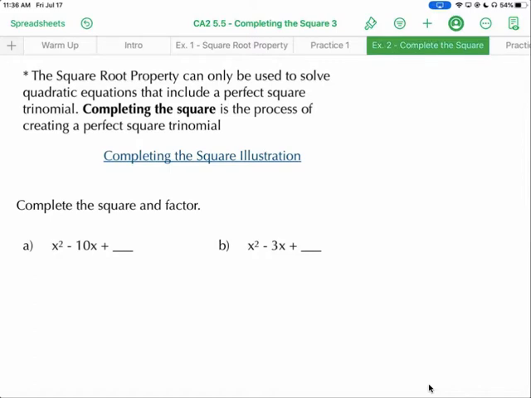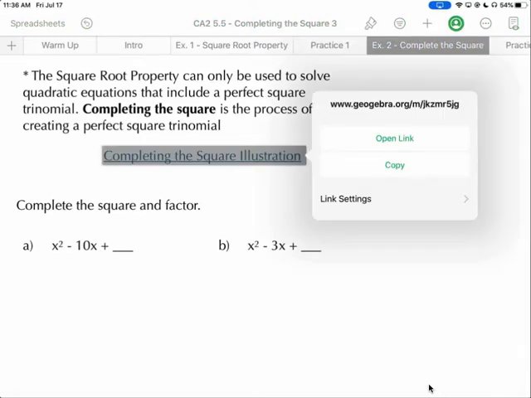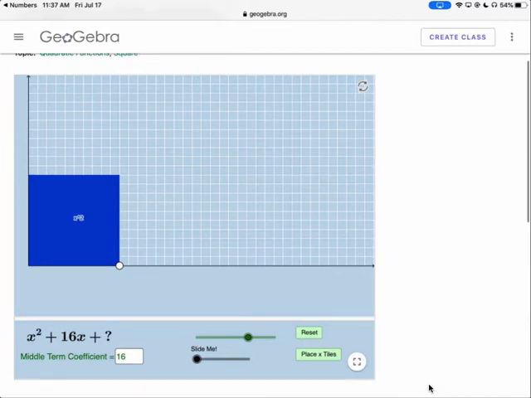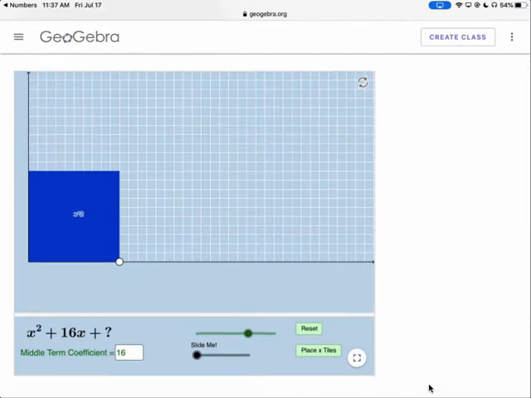Now I want to use an applet to illustrate this, and this applet uses algebra tiles. All right, so down at the bottom you can see we have this expression of x squared plus 16x plus question mark.